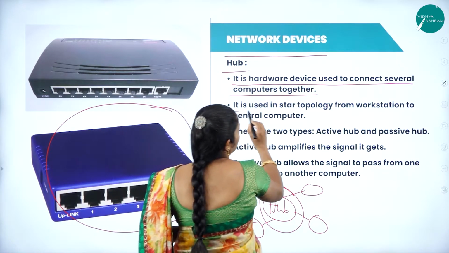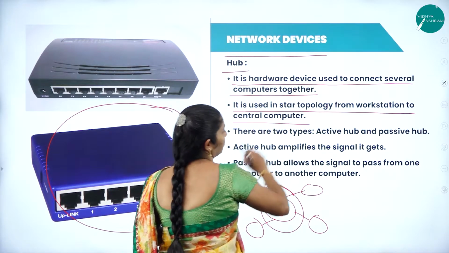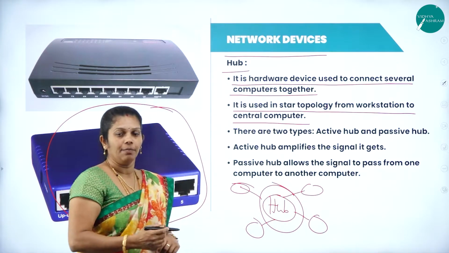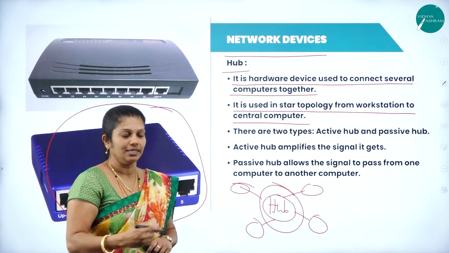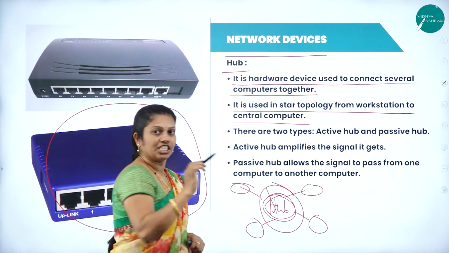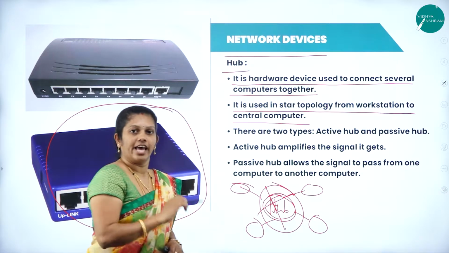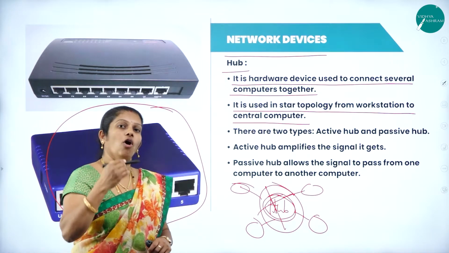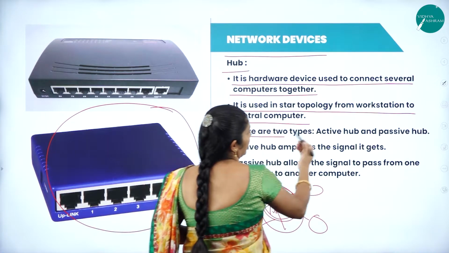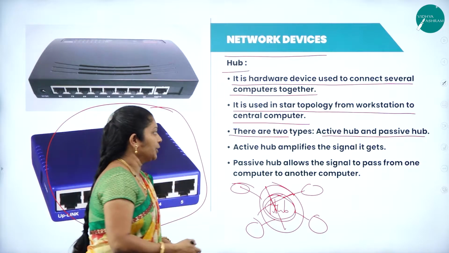It is used in star topology from workstations to the central computer. Here the center computer is called the hub. All the subsystems are connected, and with the help of the center, the hub only, all the transactions are performed. If the hub fails to process, then everything will stop here because all the transactions take place with the help of the hub only. There are two types: active hub as well as passive hub. What do you mean by active hub?